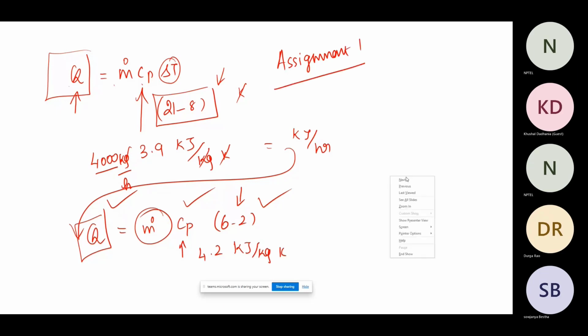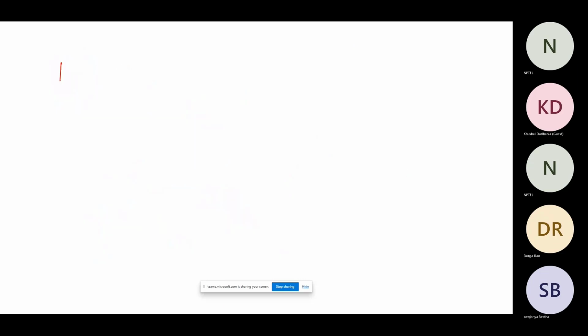Then next, assignment 2, there is a straightforward question. One question says the D value for the most heat resistant microorganism, which is Clostridium botulinum. So it is around 0.2 minute.